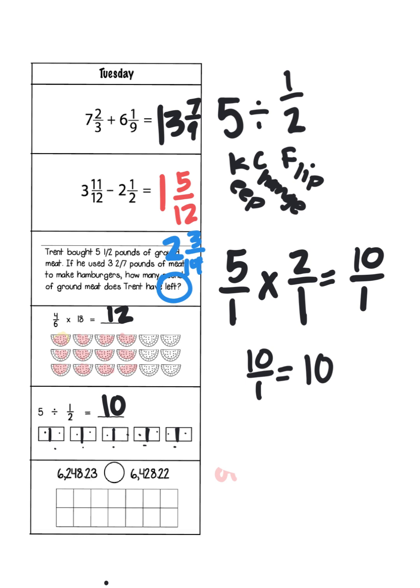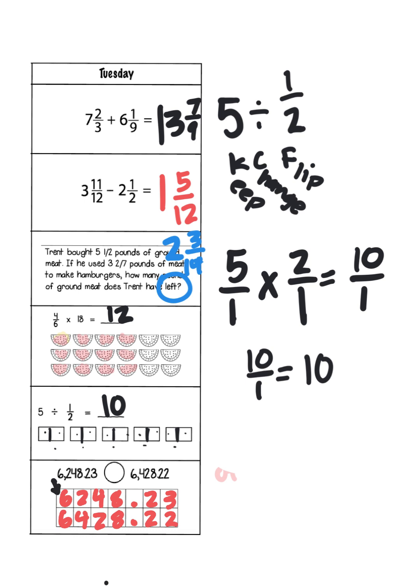And our last skill, we are comparing digits. And I'm going to start by lining my place value so I can compare our digits. In the thousands place, our digits are the same.